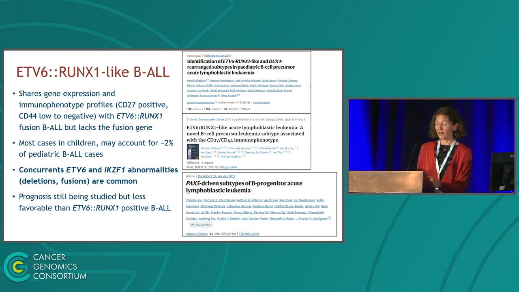But they often have concurrent ETV6 and IKZF1 abnormalities, and we did see ETV6 and IKZF1 fusion. Unfortunately, prognosis is not as favorable as ETV6 RUNX1 positive, which probably explains why the patient experienced relapse.